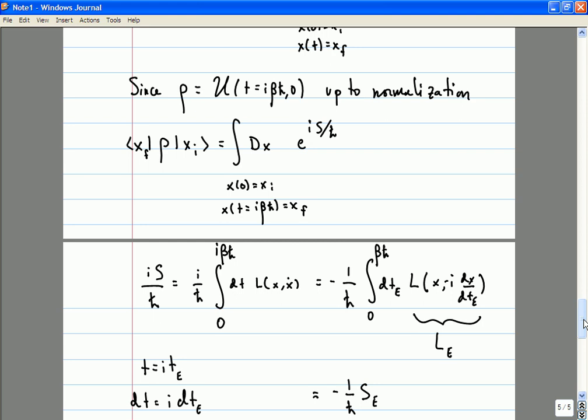And this expression for the matrix elements of the density operator then says that they are the matrix elements of this density operator, where you sum over paths of your particle going in a Euclidean time direction, an imaginary time direction, where x at t equals 0 is x initial, and x at t Euclidean equals beta h bar is equal to x final.